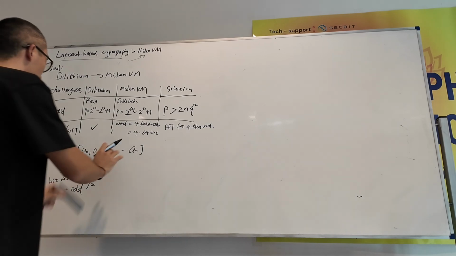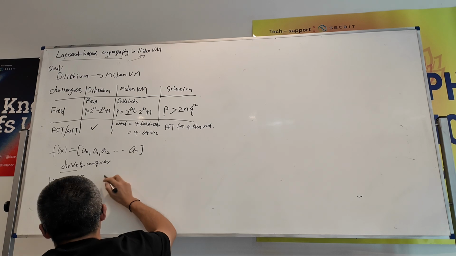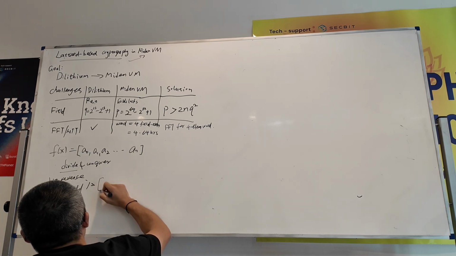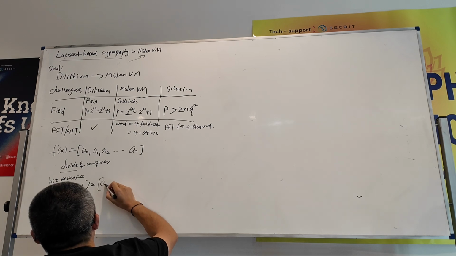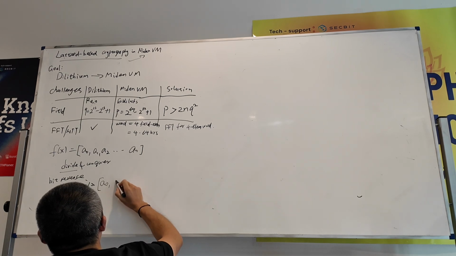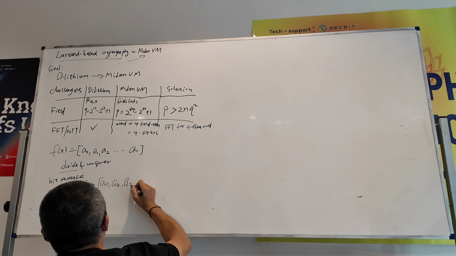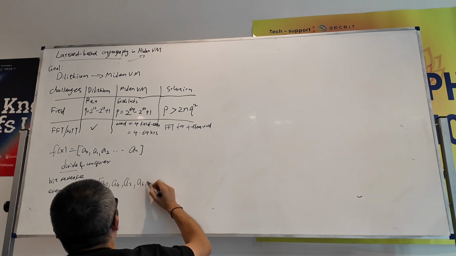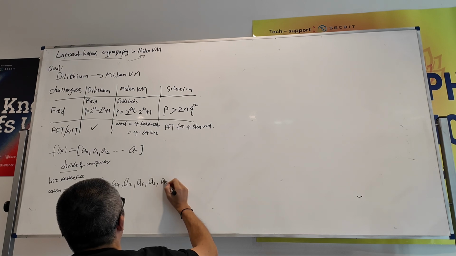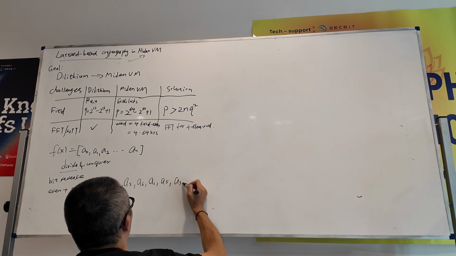The final result for the coefficients is A0, A4, A2, A6, A1, A5, A3, A7.